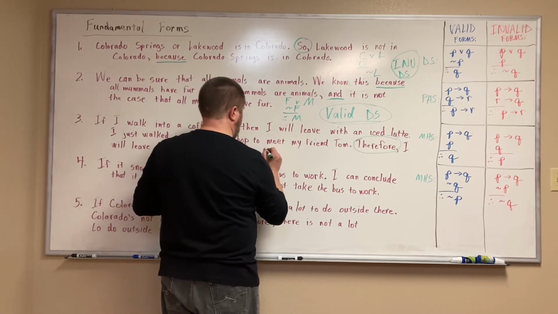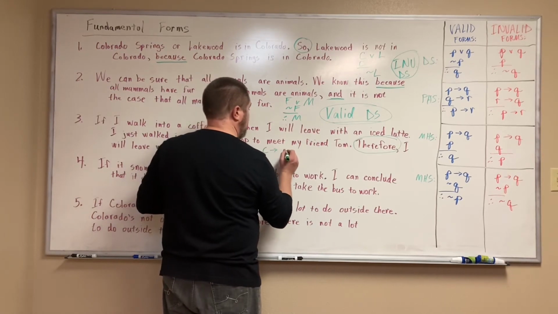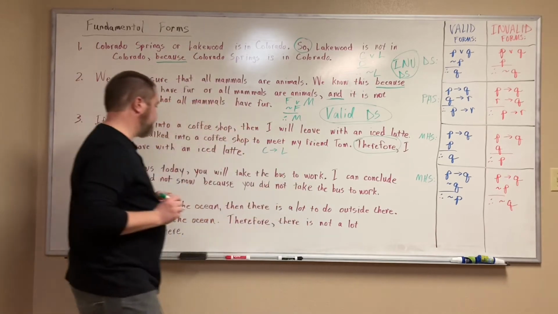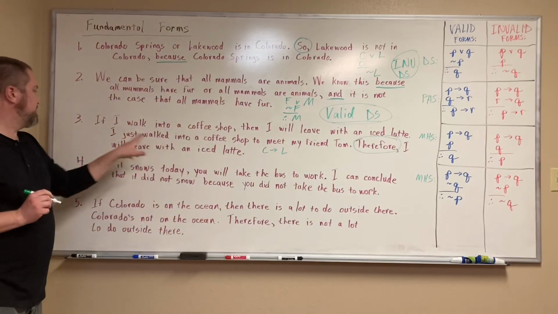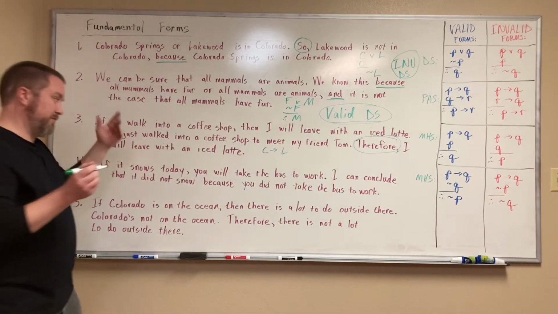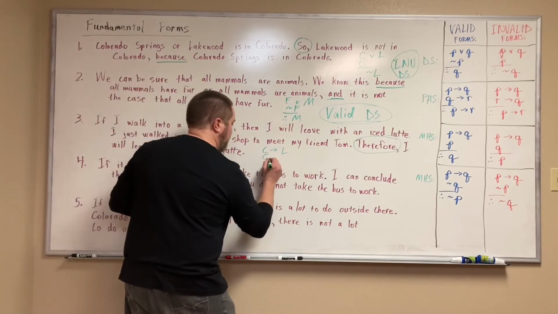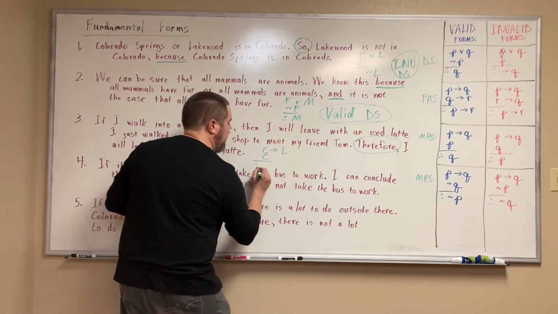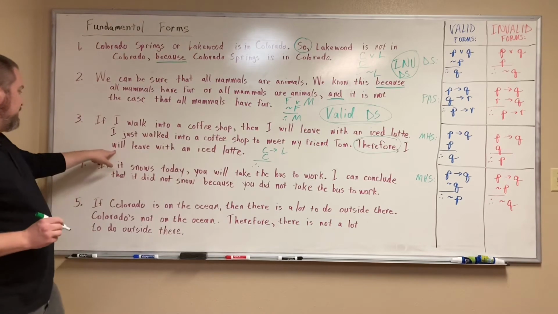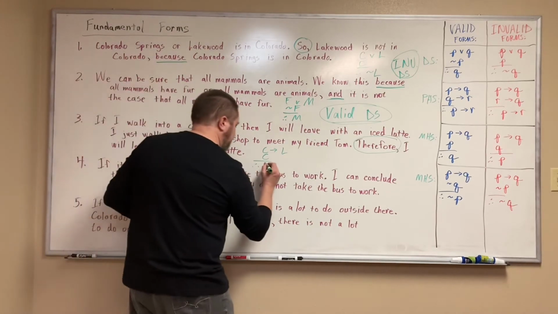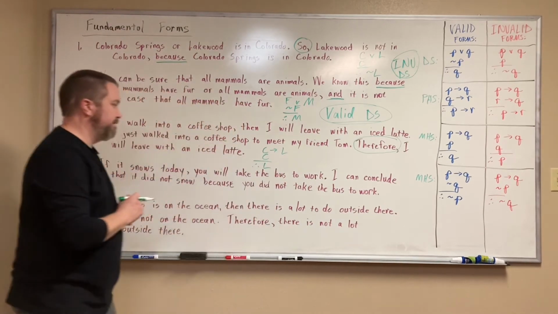Let's go, if C, then L. Second premise, I just walked into a coffee shop. So we're affirming that C. And then the conclusion, I will leave with an iced latte, is L.